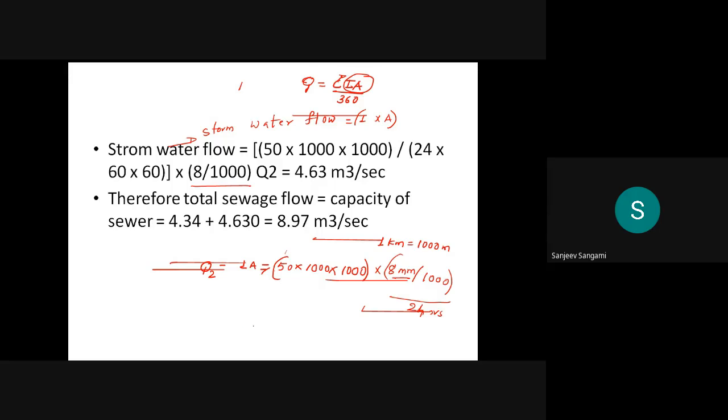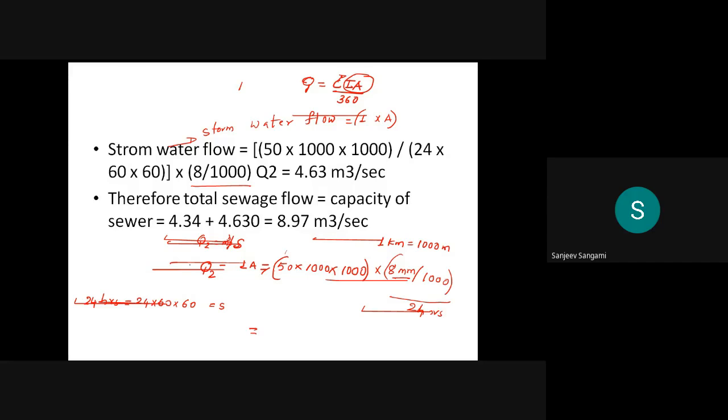So this 24 hours, 24 into 60 into 60, because you are converting into seconds, because we need the Q2 value in meter cube per second.